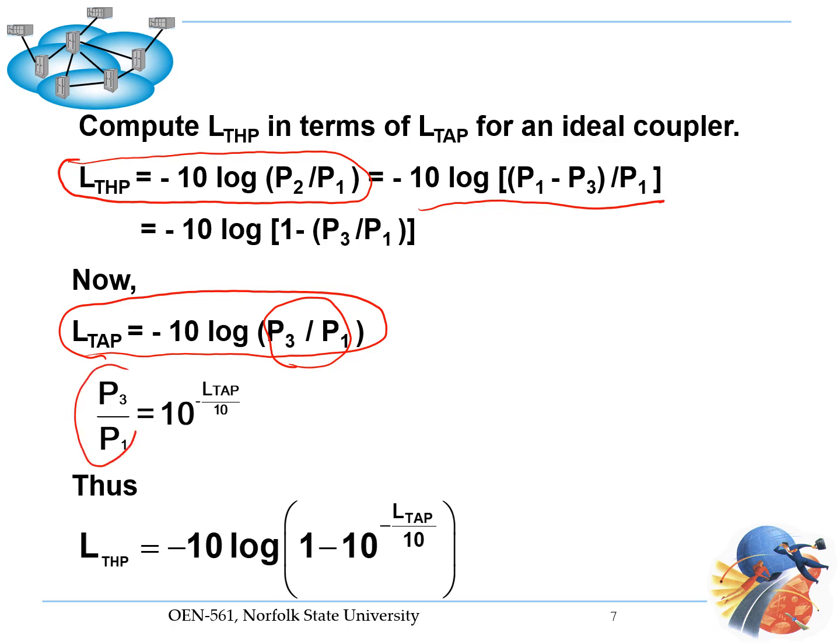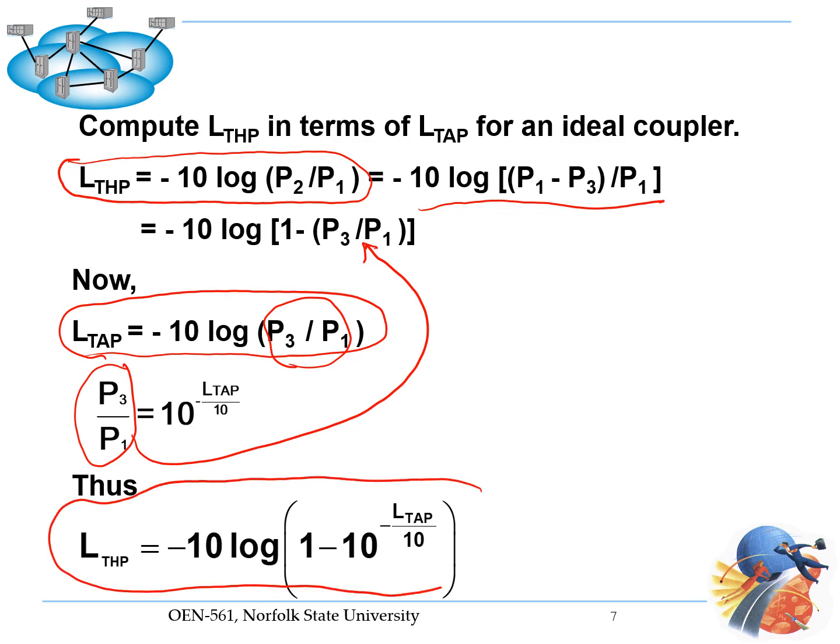And then we plug this P3 over P1 into the previous expression to get the final result. Here, for an ideal directional coupler, the throughput port loss is minus 10 times logarithm of 1 minus 10 to the power minus the tap port loss divided by 10. That is all for this slide.